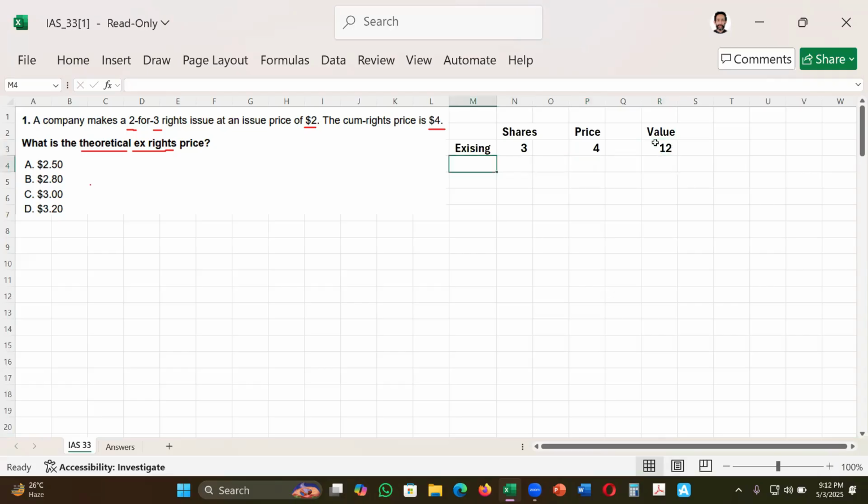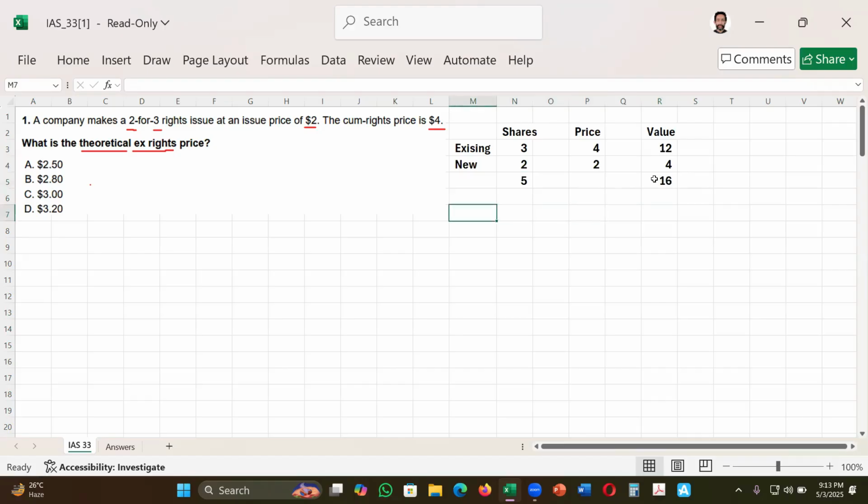And then there are going to be some new shares. The new shares are going to be 2, and every share will be for a value of $2. So the value that we get here is 4. So the existing shares are 3, priced at 4, and we get 12, and the new shares are 2, issued at a price of 2, so the total value is 4. If we add the number of shares, the number of shares is 5, and the value is 16.